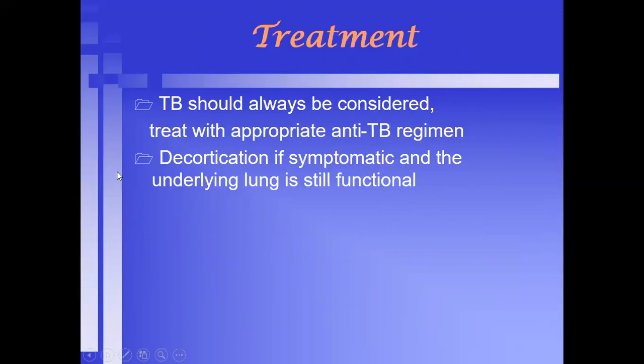And if your patient is symptomatic because of that pleural effusion, then you cannot just remove the pleural fluid. You might have to remove even the visceral pleura. So that surgical procedure is known as decortication. So removing that thick fibrotic visceral pleura will allow the underlying lung to expand if the underlying lung is still functional.